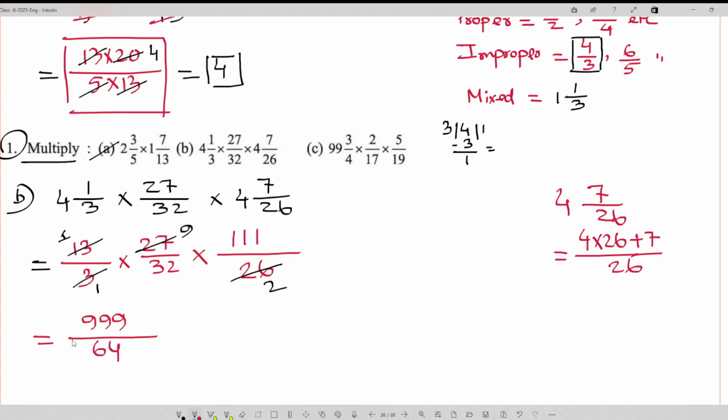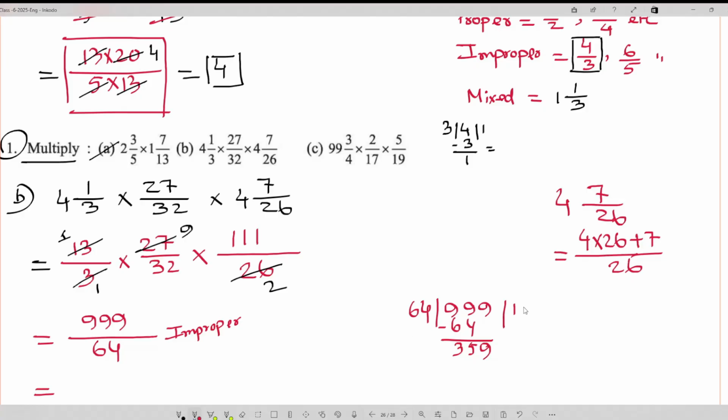Okay, now this is an improper fraction, right? Now we have to make this one a mixed fraction. So 999, once we divide by 64, first this one is 1, so here is 64, so 9 minus 6 is 3, and we can bring down this one 9.